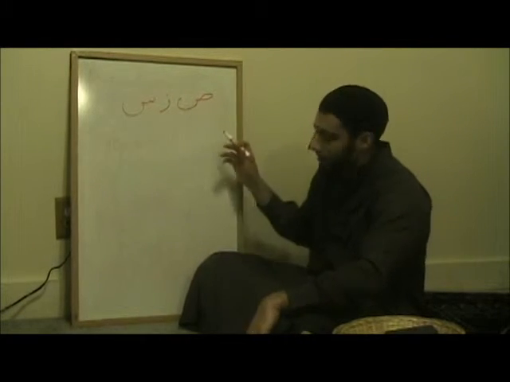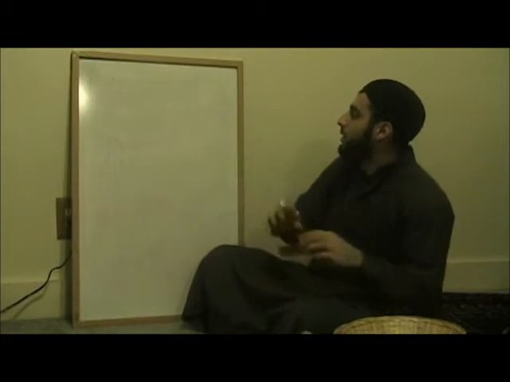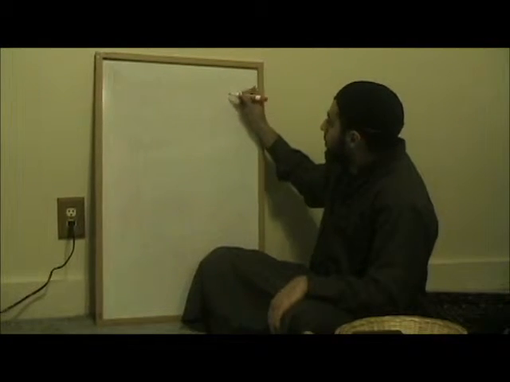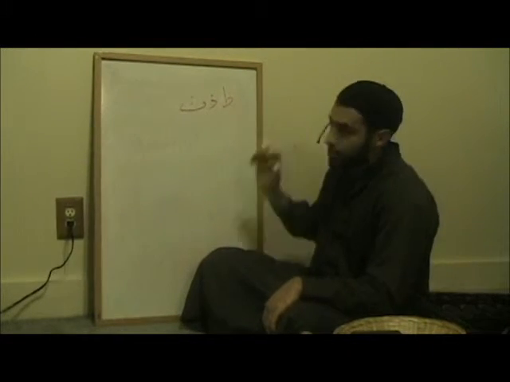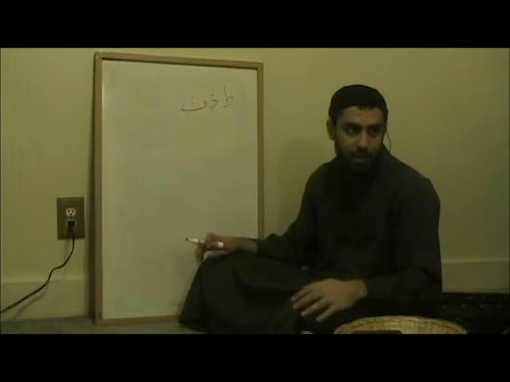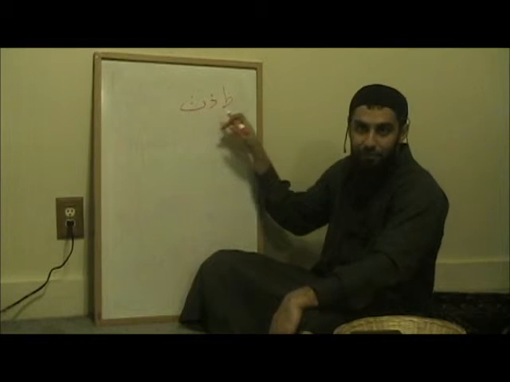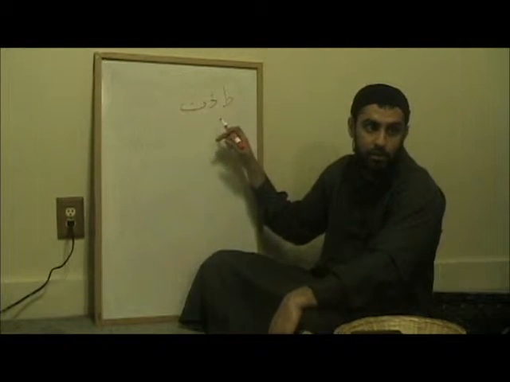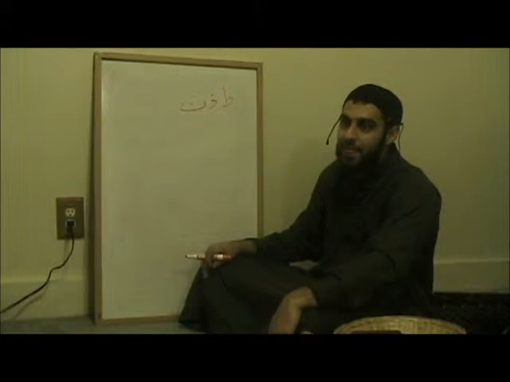Those are three letters: za, dha, and tha. This is in order of how far the tongue comes out.